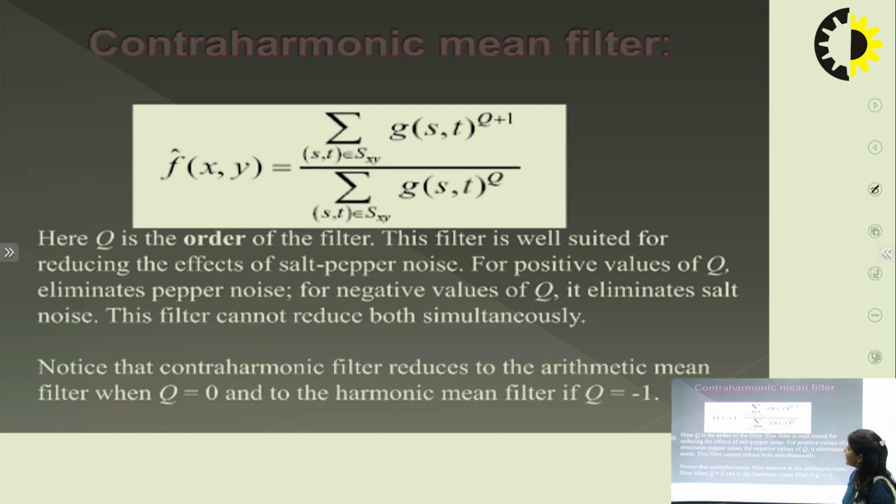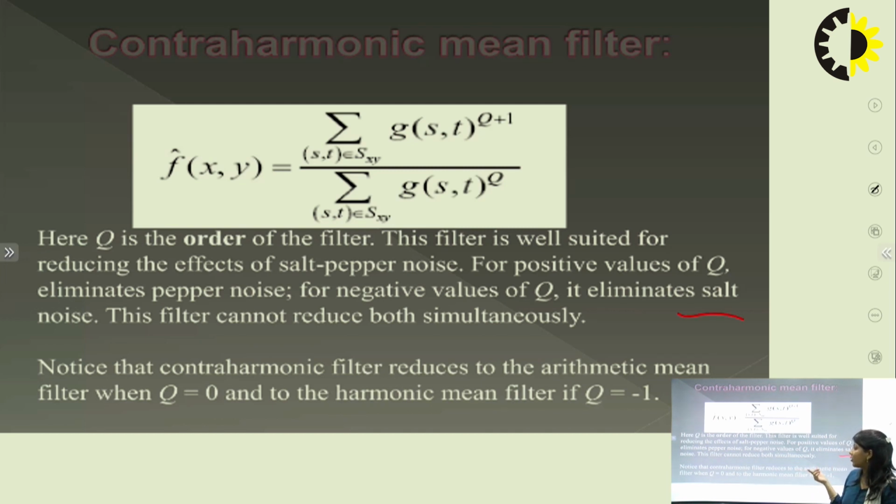Next is the contra harmonic mean filter. In this filter, we apply just one parameter, Q, which is the order of the filter. This filter is well suited for reducing the effect of salt and pepper noise. Q is a constant. For a positive value of Q, it eliminates pepper noise, and for a negative value of Q, it eliminates salt noise.